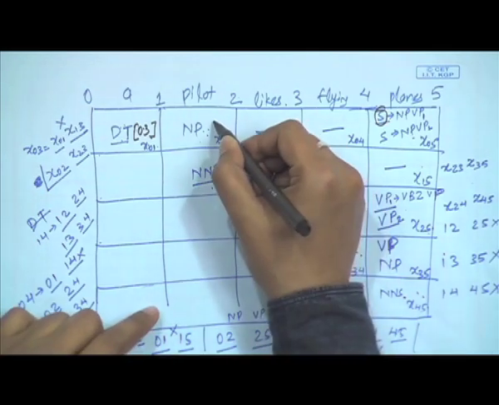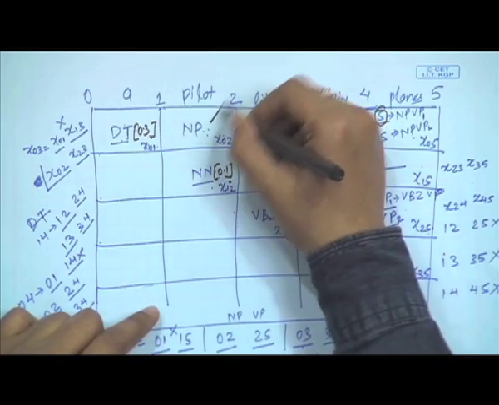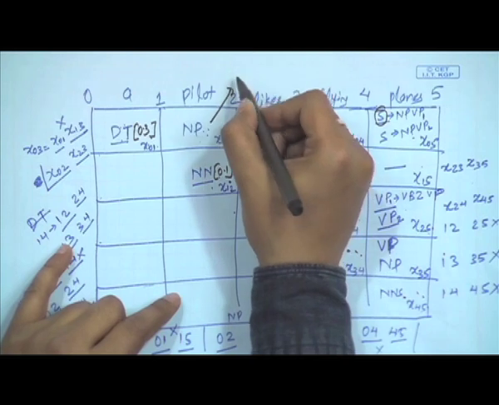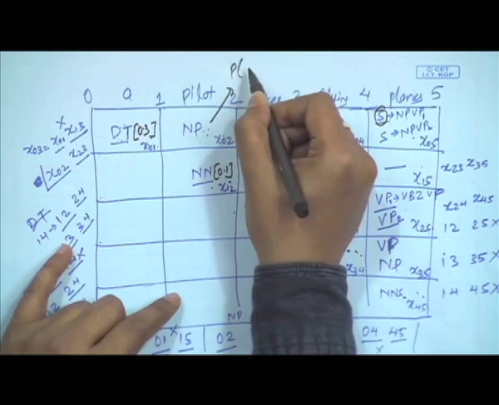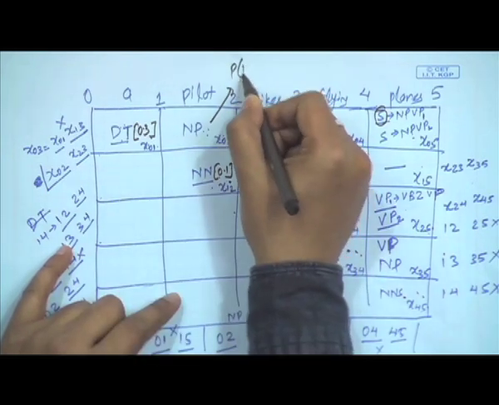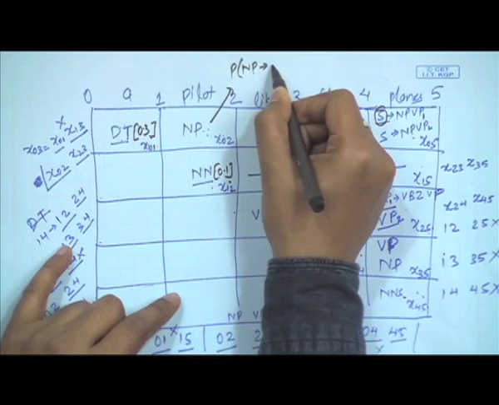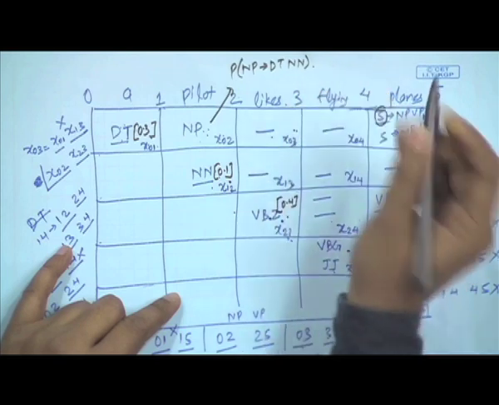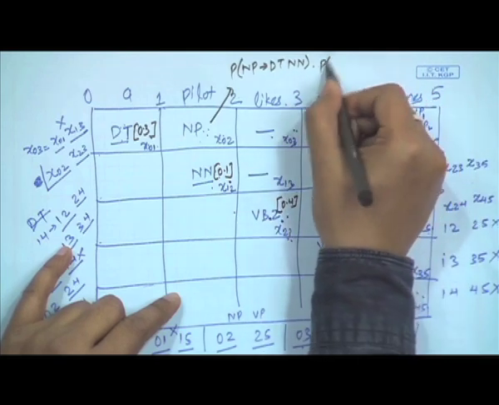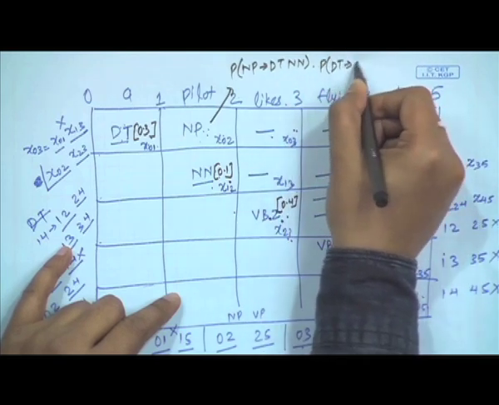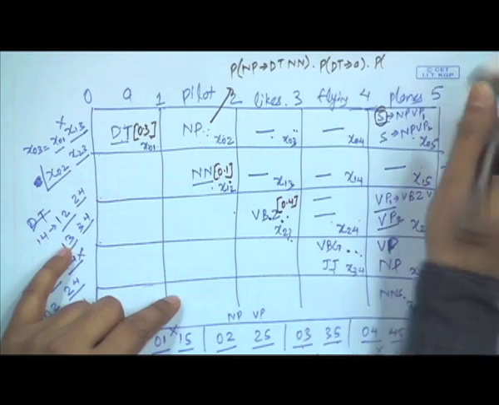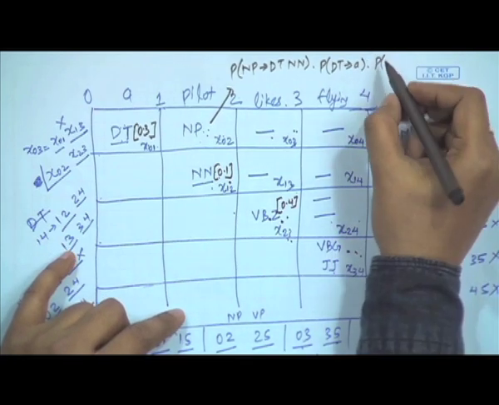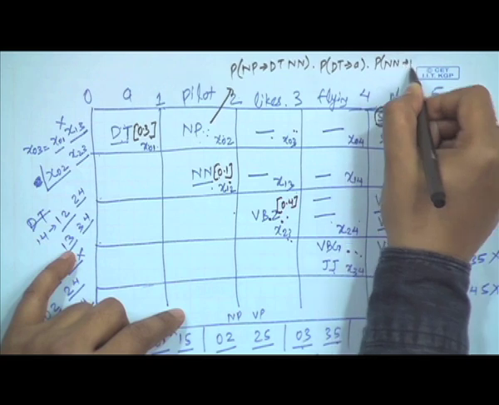So how do I fill in this probability value? This would be the probability that NP derives DT NN, times the probability that DT derives A, times the probability that NN derives pilot.